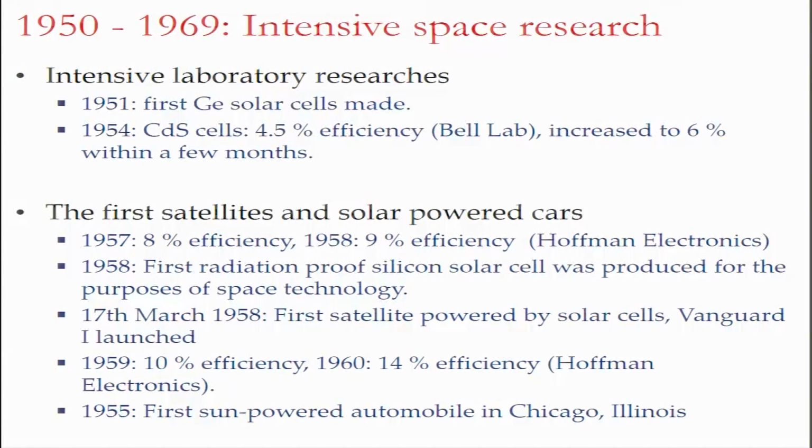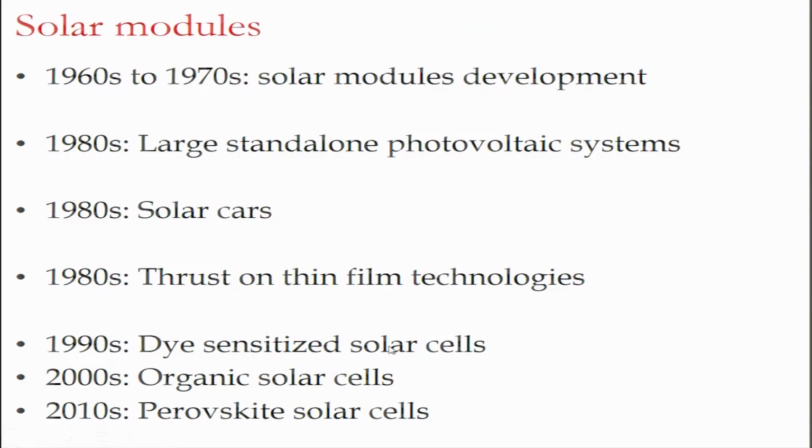1955 was the time when we had the first sun powered automobile in Chicago, and this paved the way for solar module development, that is large scale solar power development. In the 60s and 70s there was a massive effort on developing solar modules. In the 1980s a lot of large standalone photovoltaic systems were developed, not necessarily grid connected, for commercial purposes.